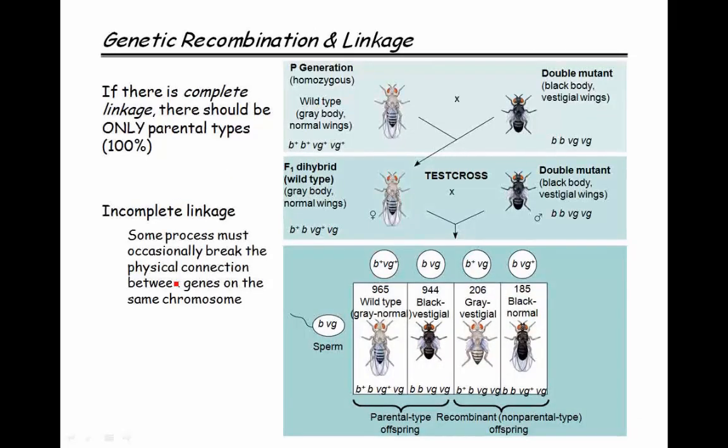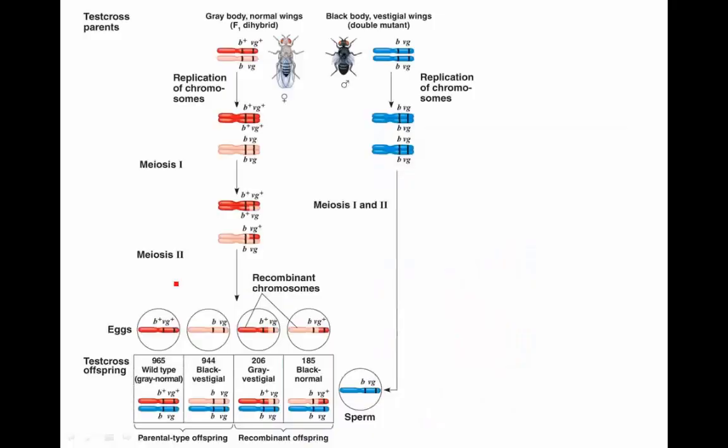So if we do get some of the recombinant offspring, as we did, then this is incomplete linkage. So with incomplete linkage, there must be some process that occasionally breaks the physical connection between the genes on the same chromosome. So this really goes back to crossing over during meiosis. So occasionally we are getting a physical breaking of the DNA between these two genes.